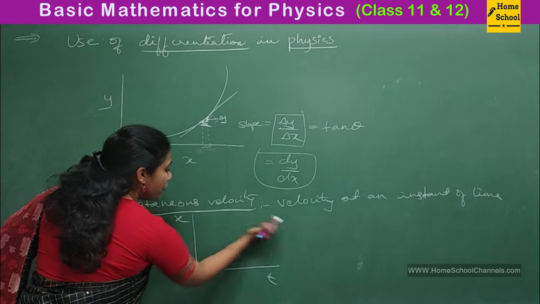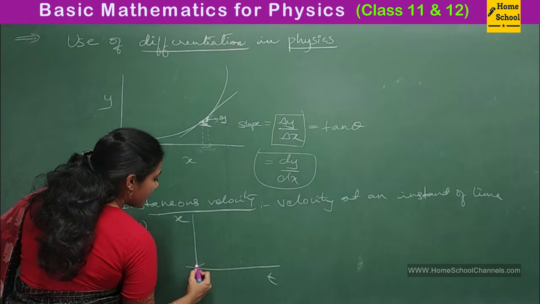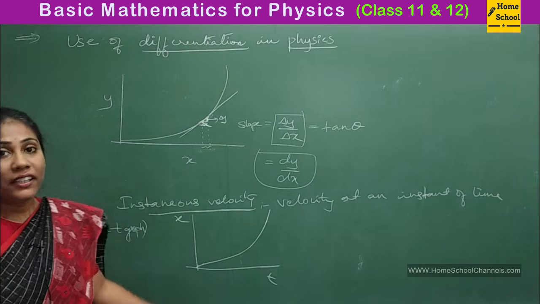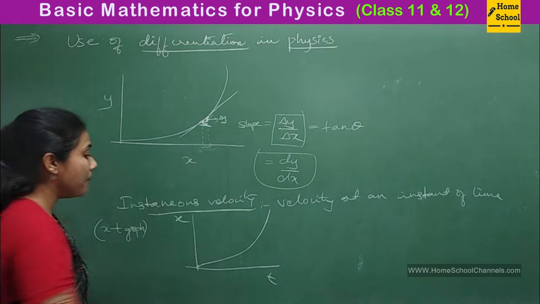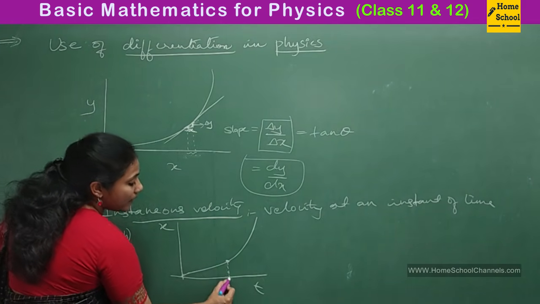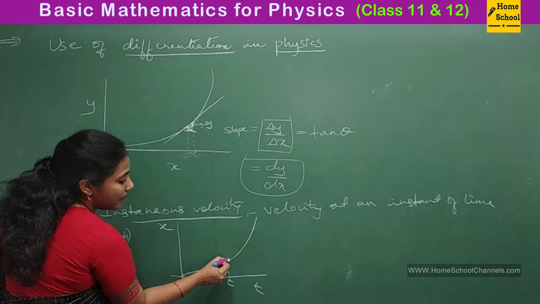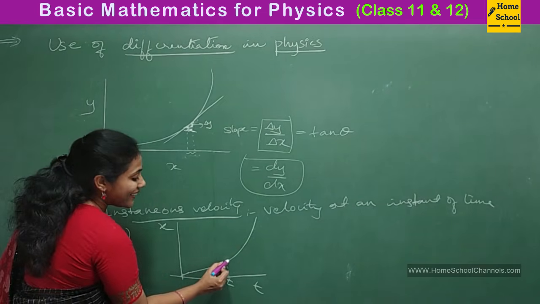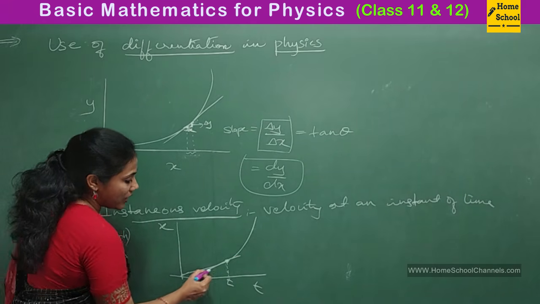Whereas if you get a curve something like this, when your velocity is constantly changing, and at this particular time I need to find the velocity, then what do you do? At this point you will draw a tangent, right?